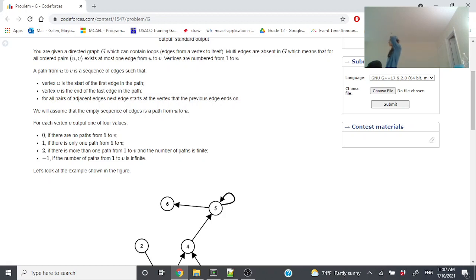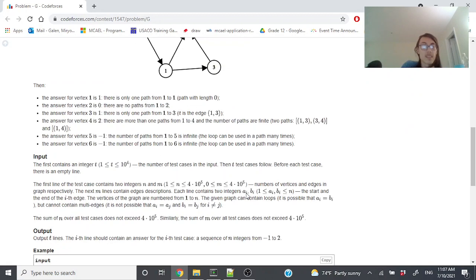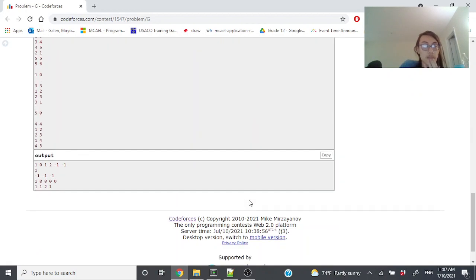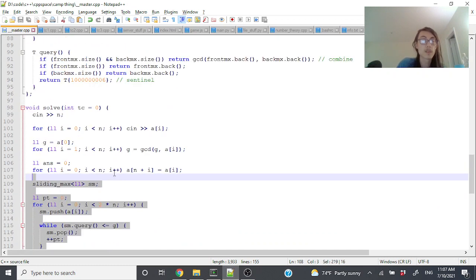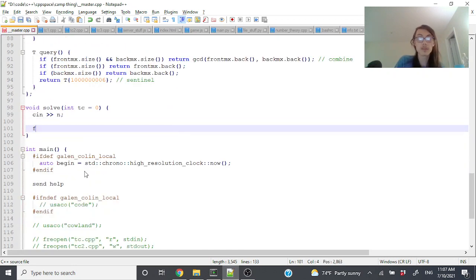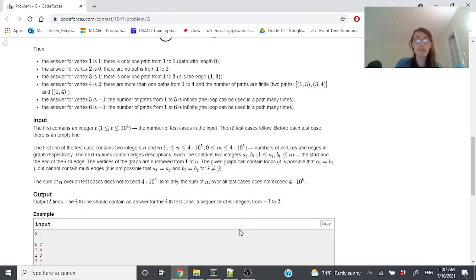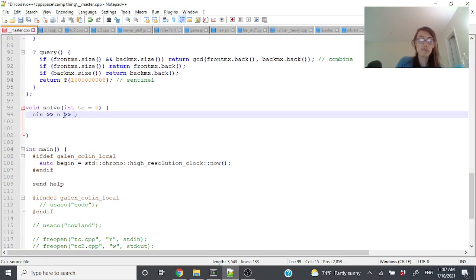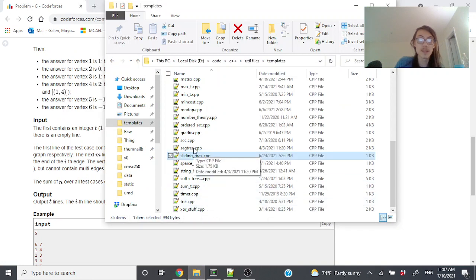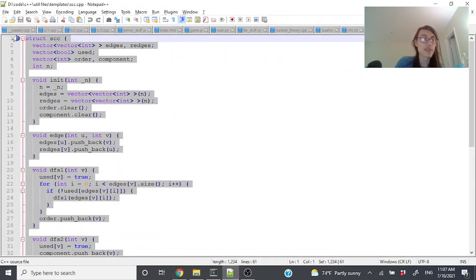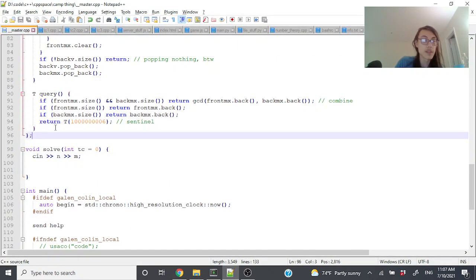Cool. So I guess now we're doing SCCs. Alright, that's at least interesting. So C into N. It's like a template contest instead of other things, which is fine. I'm okay with that.